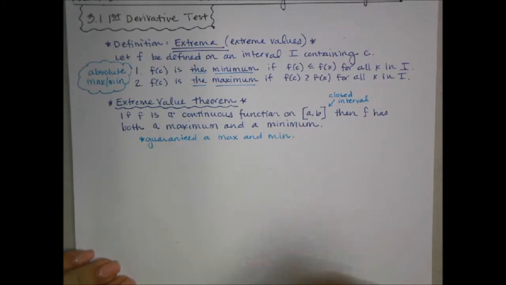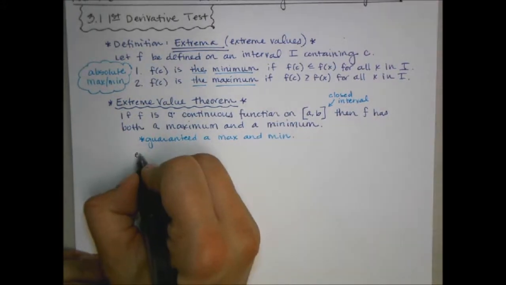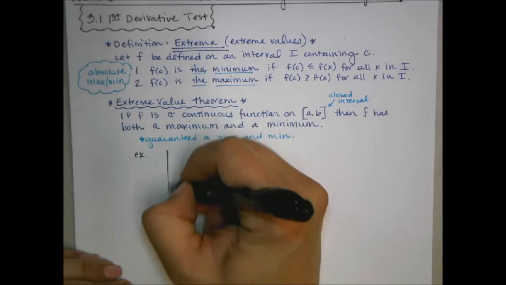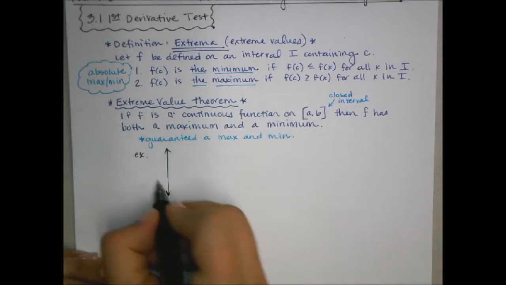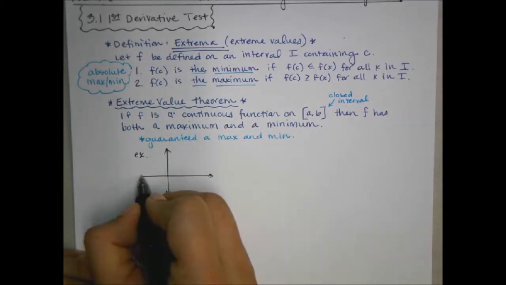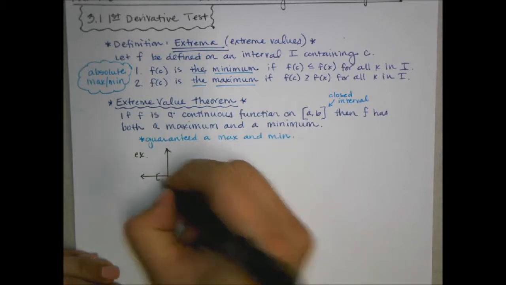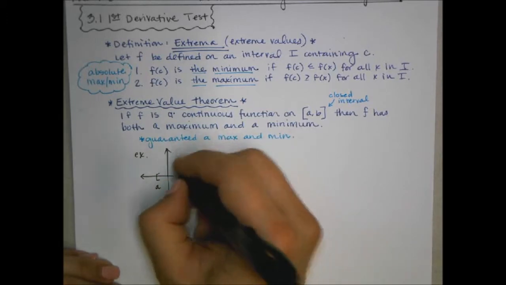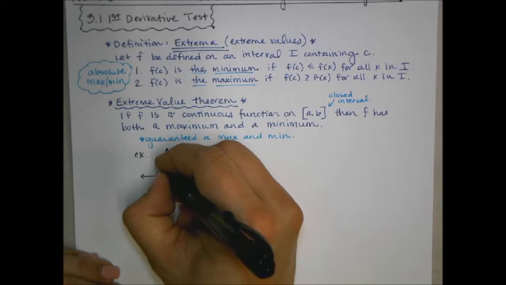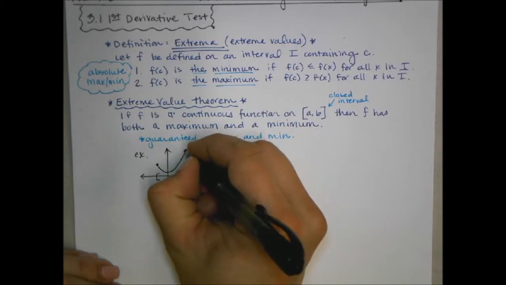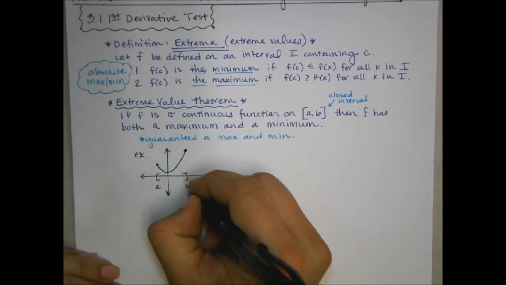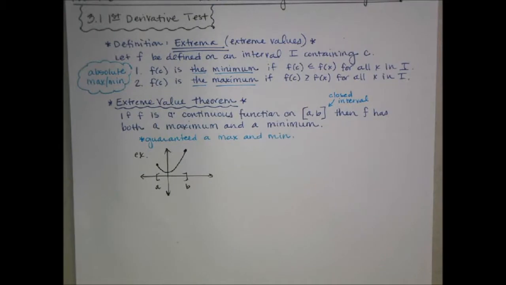So examples, what's going on here? On this closed interval AB, I have a piece of a function, and because it's a closed interval, my endpoints are included here.